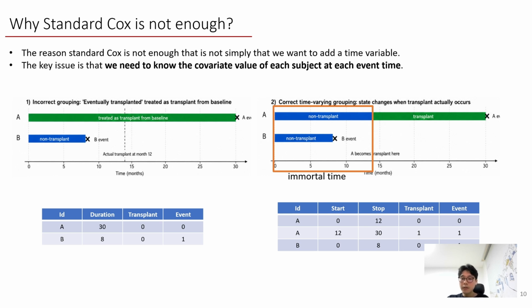In this table, subject A is in the non-transplant state until 12 months and then moves into the transplant state after 12 months. Subject B has an event at month 8, so B can never enter the transplant group.